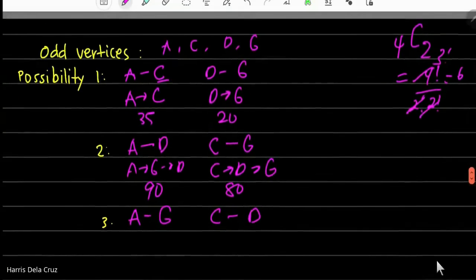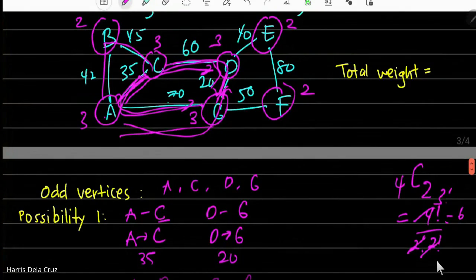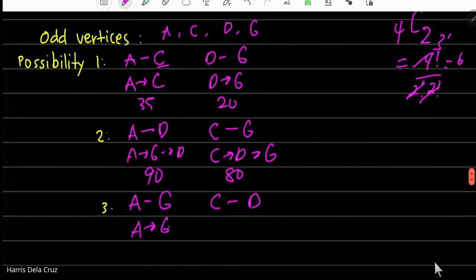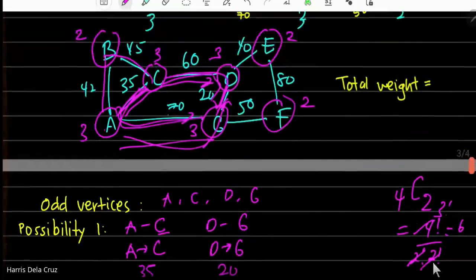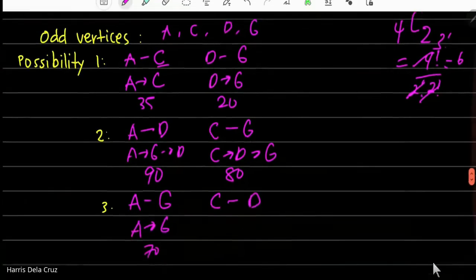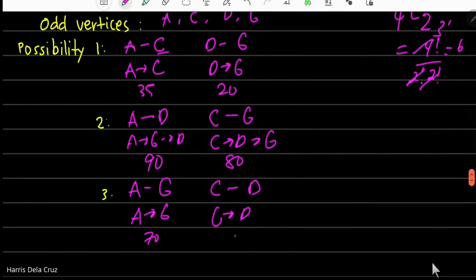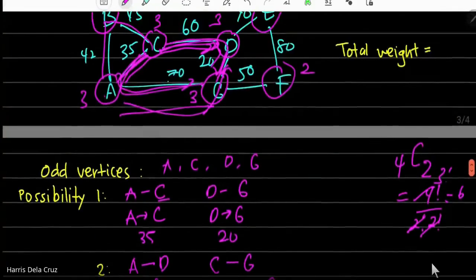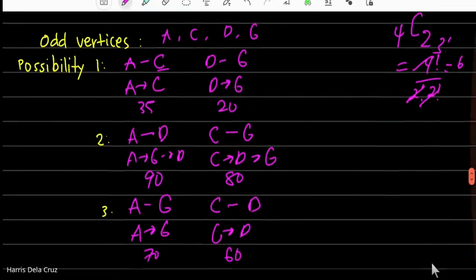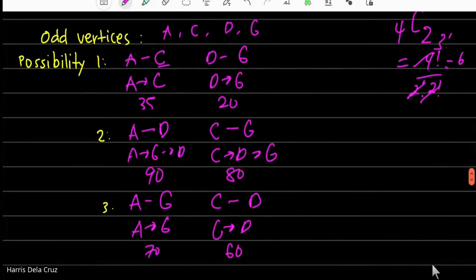A to G. Ito si A, ito si G. 70. Yun ang pinakamaigsi. A, diretso kay G. 70. C to D. C, diretso kay D. 60. Again, kung mahirap yung graph, kung hindi simple, gagamit ng Dijkstra. So these are all the paths that you need to include.